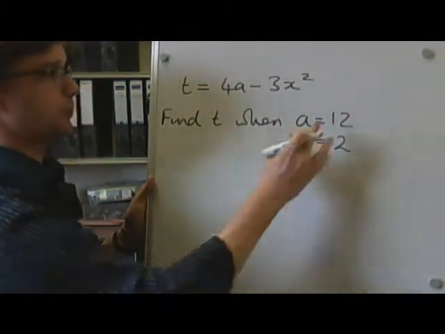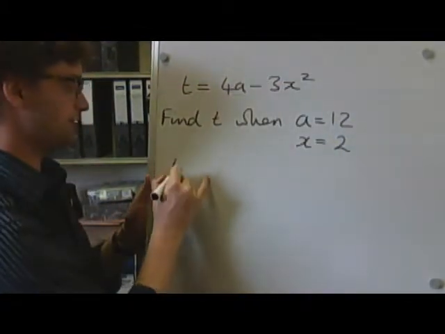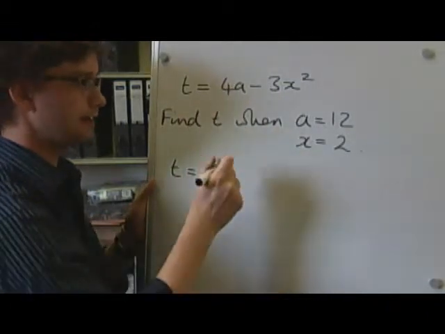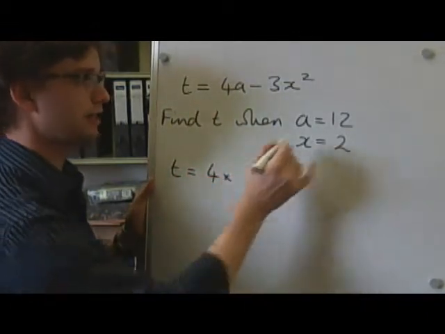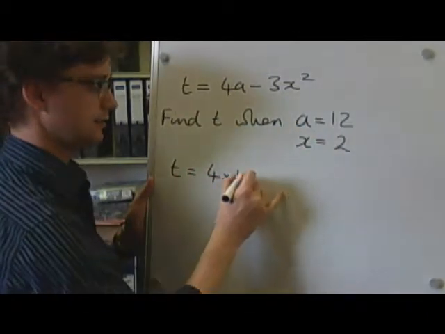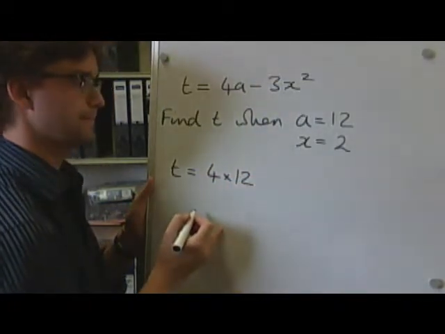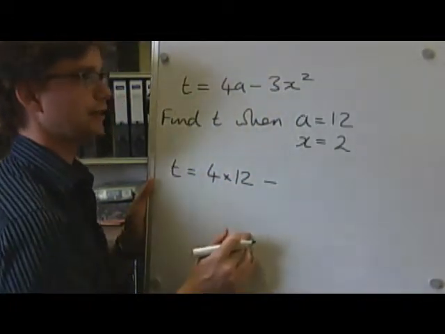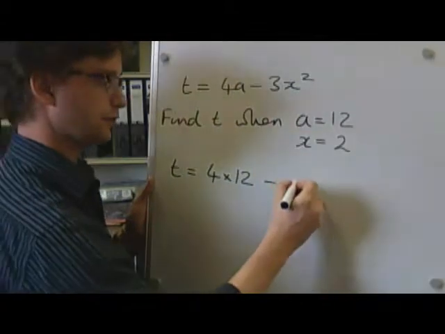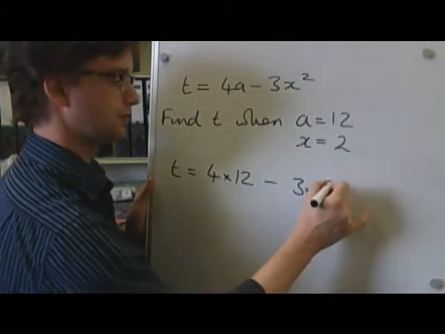We do this just by putting these numbers into this expression. So t will be 4a just means 4 times a, and in this case a is 12. And then we've got to subtract 3x squared, so we've got to do 3 times 2 squared.